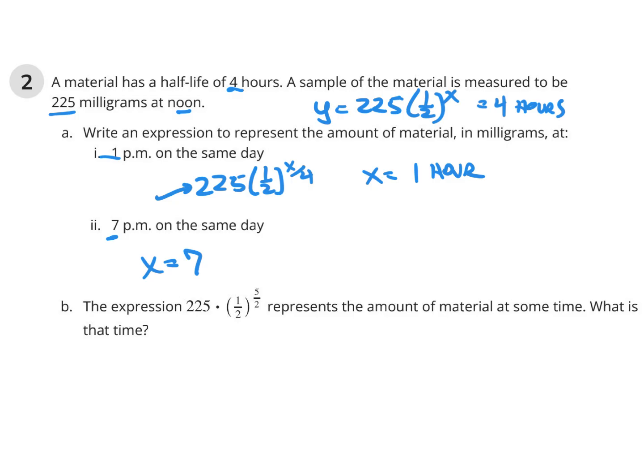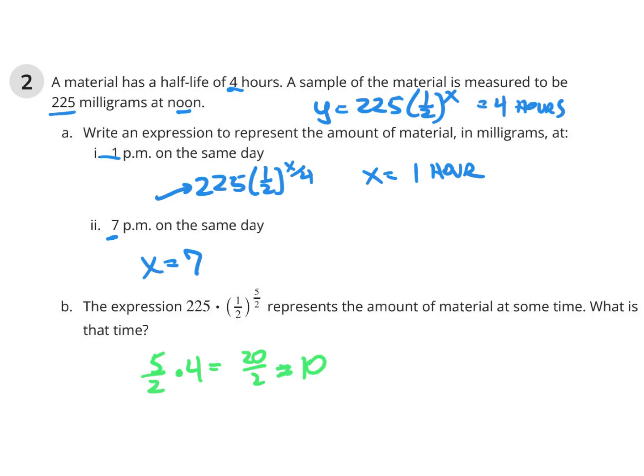Okay, so this expression, 225 times 1/2 to the 5/2 power, is the material at some time. Now, they're dealing with the original equation. They're not asking us for a time frame, they're asking us for an input. So we take our 5/2 and multiply it by 4, which gives us 20 over 2, which is 10, because we had to go back to the original equation.